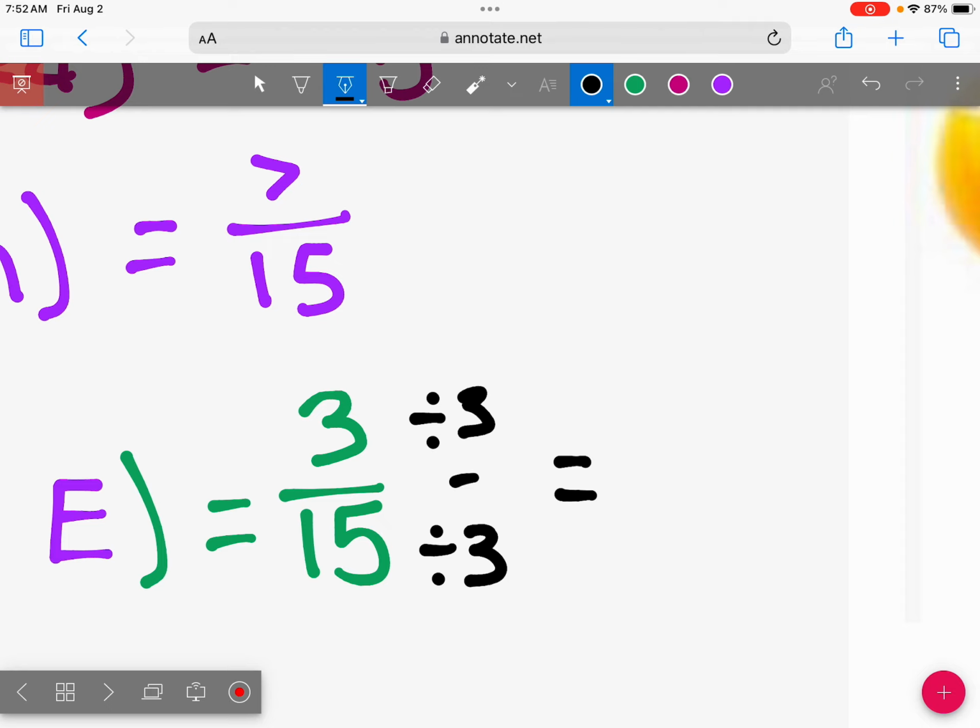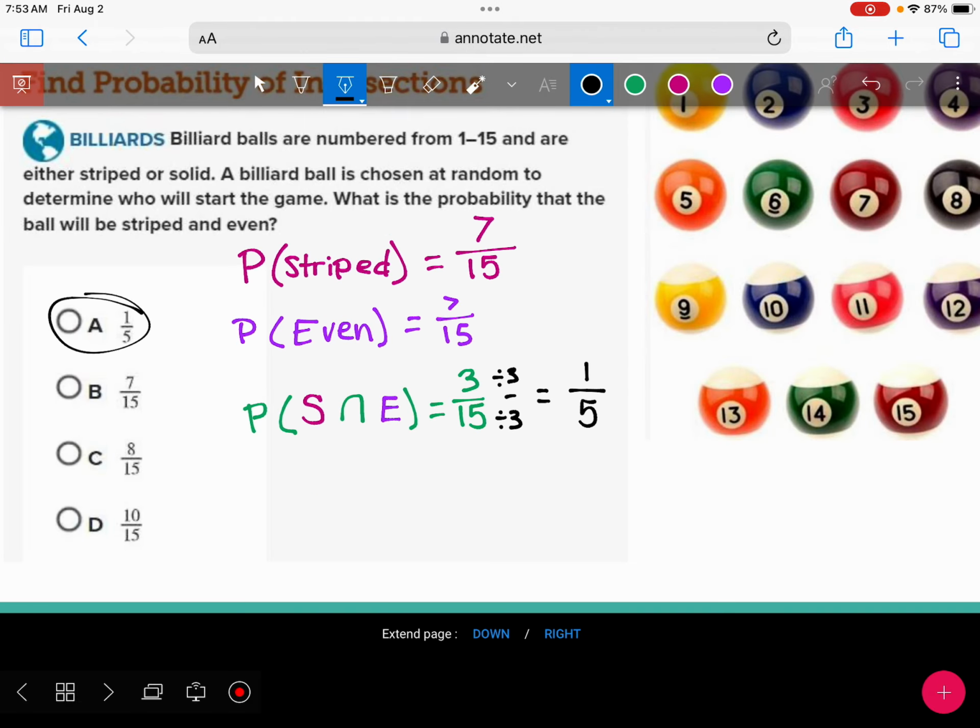It's a weird one, but it's a 1. So that gives me 1 over 5. So of our multiple choice options, what would our answer be up here? I know it's small. A. Boop. And I know you guys don't have the multiple choice in your book, but still a good idea to look at this, practice this kind of stuff.